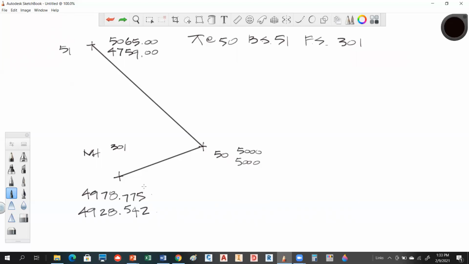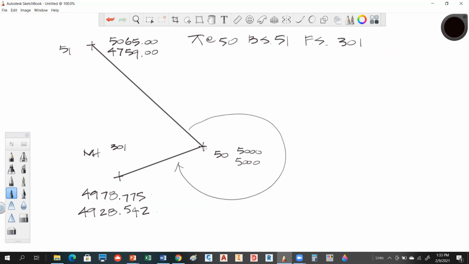Well, we've already done this. We're going to need the distances. Well, we only need the distance from 50 to 301, okay? But to get the angle, what are we going to need? I want to know what this angle is.